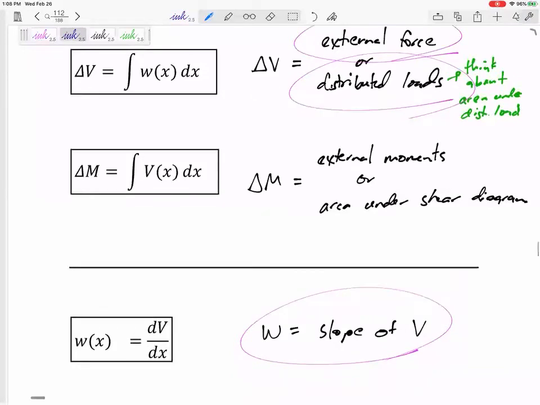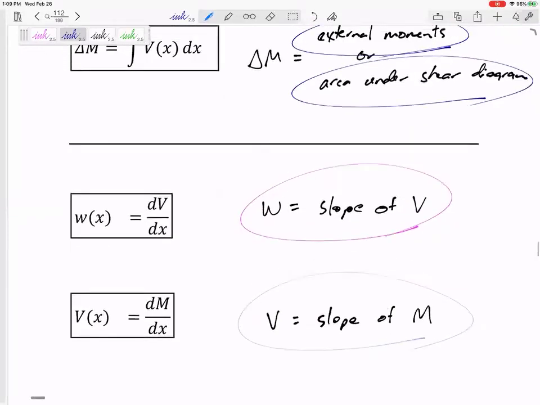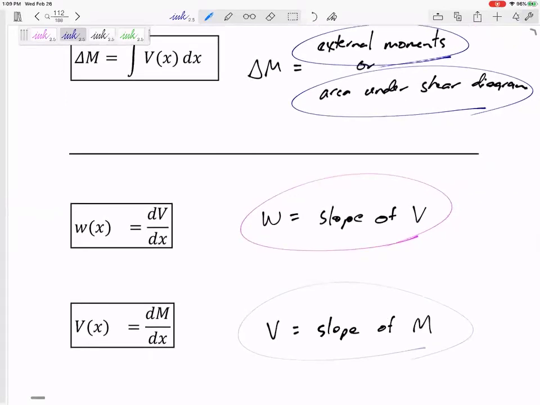And then when I'm drawing my M diagram, I'm looking for external moments that push my M diagram up and down immediately. I'm looking for the area under the shear, which brings it up and down gradually. And I'm thinking, okay, V is the slope of M. All right, so that's a good page in our notes.